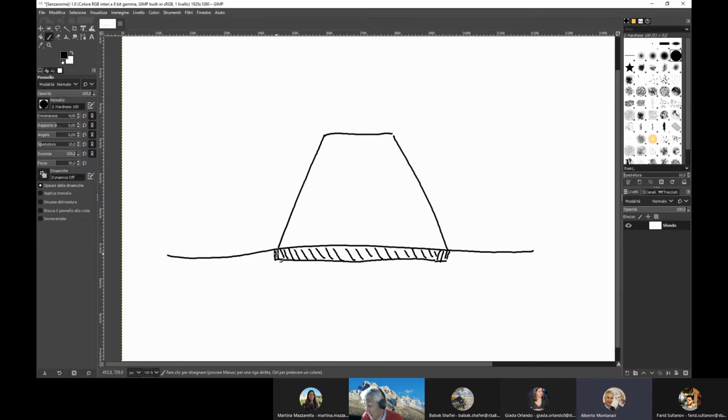Usually the slope is less than 1,1, which means that this angle here is less than 45 degrees.